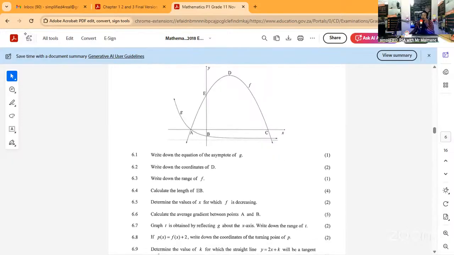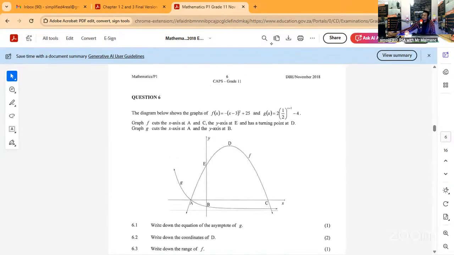If P of x is equal to f of x plus 2, write down the coordinates of the turning point of P. This is a free 2 marks. You just say P of x is equal to f of x plus 2.